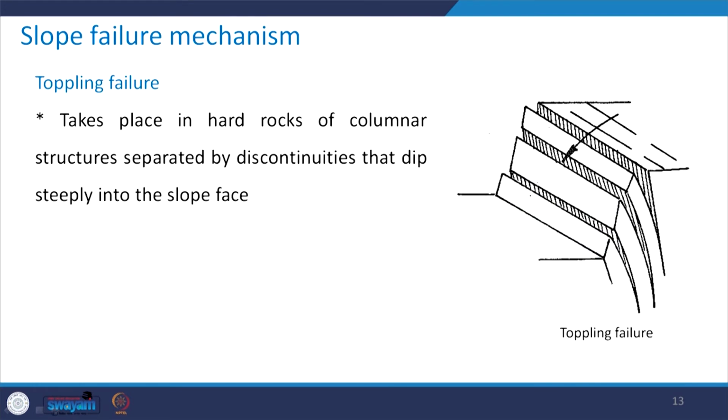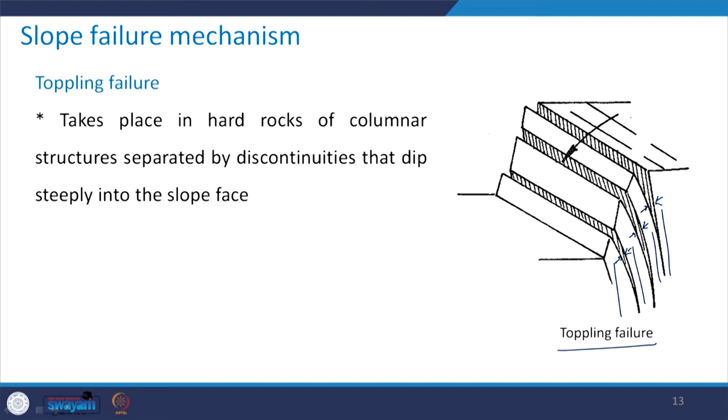Now, the fourth type of failure in the case of a slope is called the toppling failure, which takes place mainly in hard rocks of columnar structures. That means the orientation is such that the dip is quite high, nearly vertical, and these are separated by discontinuities.